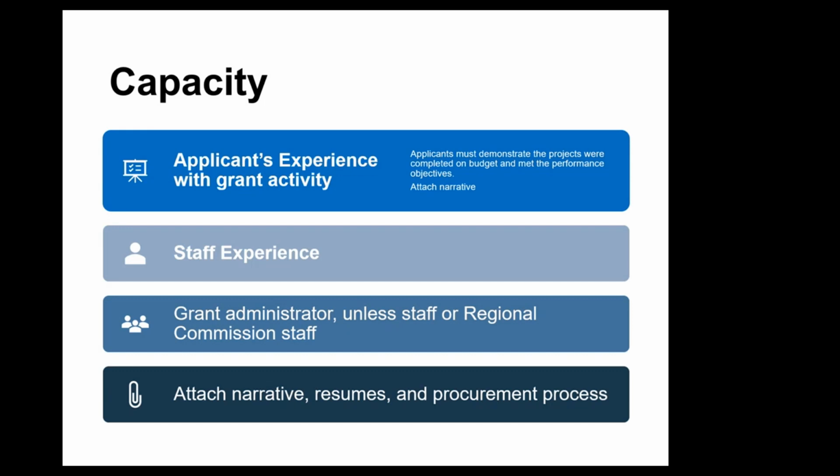So we're looking at your applicant's experience with grant activities, so that means what is your experience administering or completing housing rehab or new construction? We're also looking at what's your staff experience. If you have someone on staff that you can say, hey, they have direct experience doing housing rehab or administering housing rehab, or they have direct experience with new construction, we want to see that in your capacity portion.